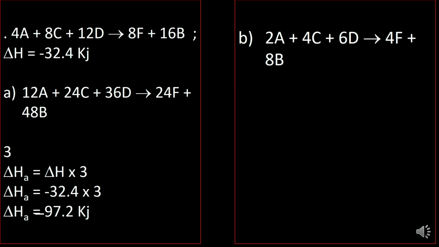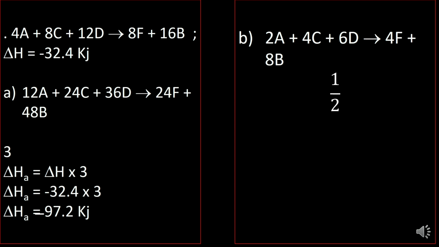If we multiply the general expression by 1 over 2, we're going to get what we have in question B, which means the enthalpy change for this expression is 1 over 2 of the enthalpy change for the general expression. Permit me to use the term general expression because we're trying to relate all the questions to that expression, since we're given the enthalpy change for it.